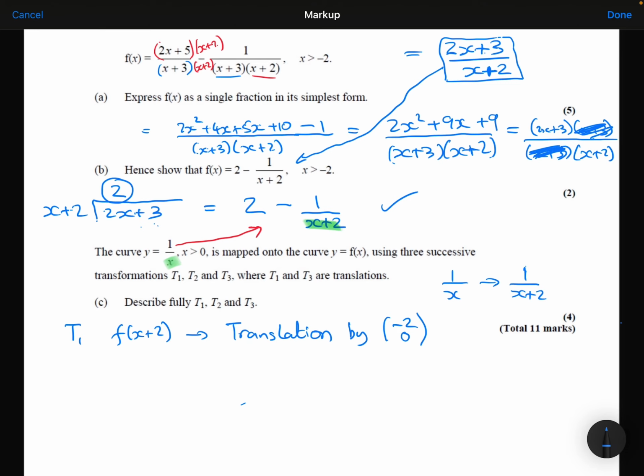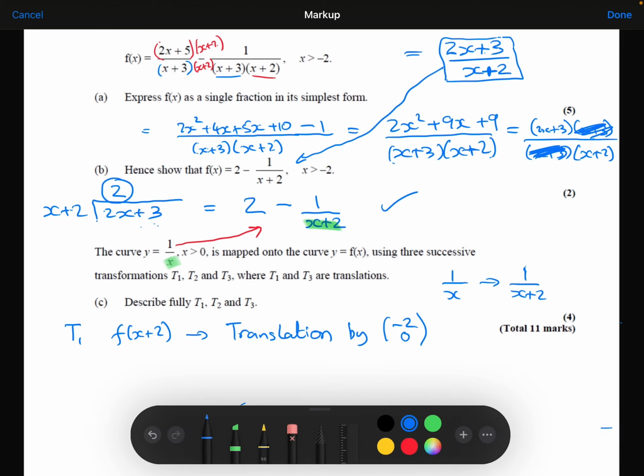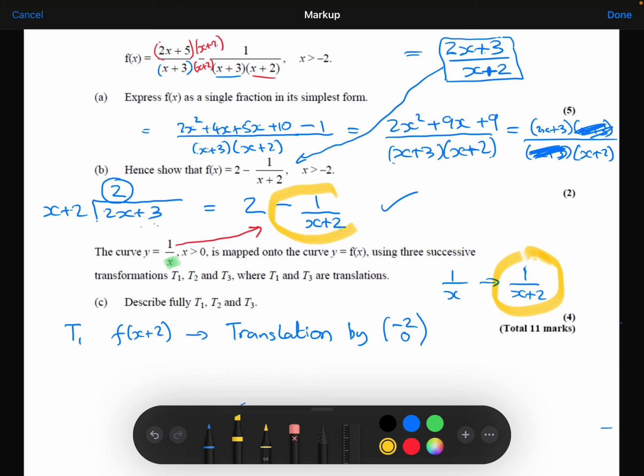Right, what about the next transformation then? So what happens now to this to make it become this? Well, notice that this is positive and this is negative. So it's been multiplied by minus 1.